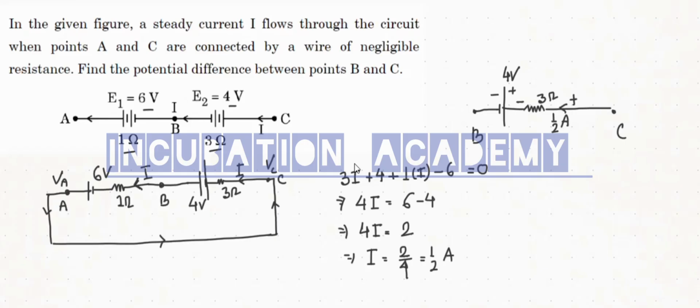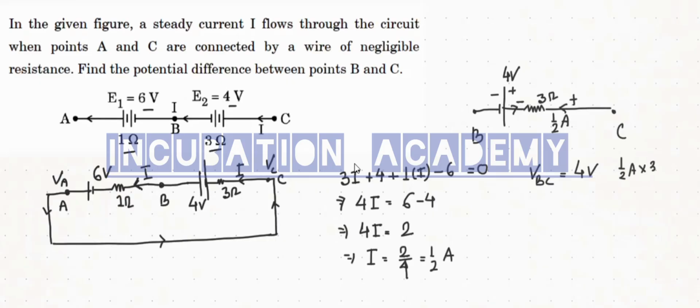When this 4 volt is allowed to drive the current from B to C, that is in the opposite direction, but actually when it is placed in the circuit, the main current is flowing from C to B. So the potential difference between the point B and C is VBC, 4 volt and 1 by 2 ampere multiplied by 3 ohm.